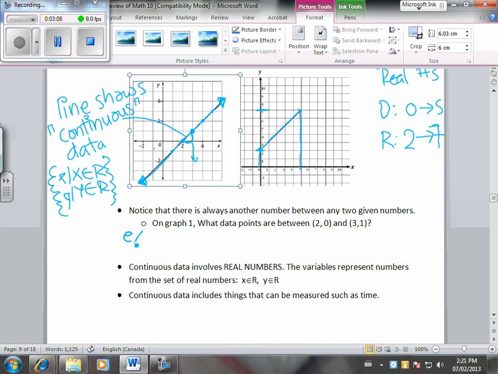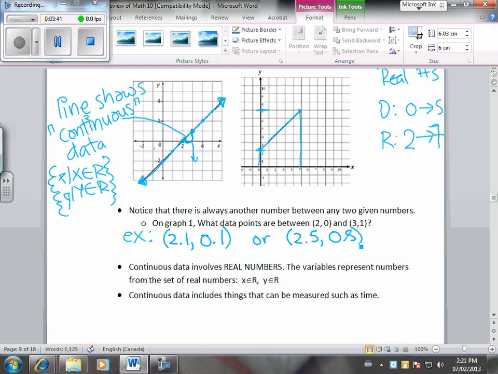Just for example, how about 2.1 on the x and 0.1 on the y? Obviously this isn't to scale, I'm just giving you examples. Or we could say 2.5 and 0.5. Remember that the first number is always x, and the second number is always y.